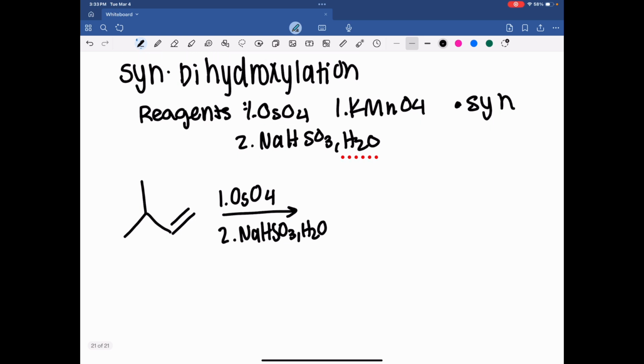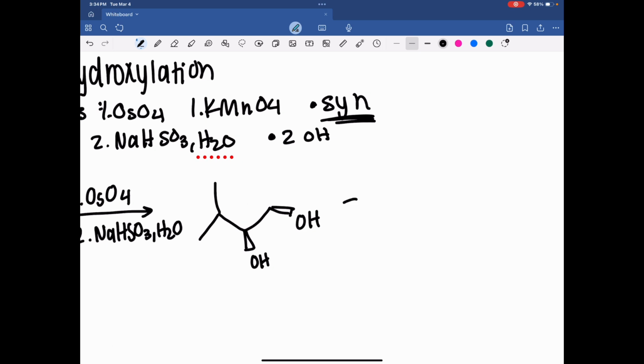For this one, I just want to remember that I am adding 2 OHs, 1 to each of my carbons that's on my double bond, and that they're going to be syn. So I just look at this carbon, and all I'm going to do is add OHs to those ones. And then I will also get this.